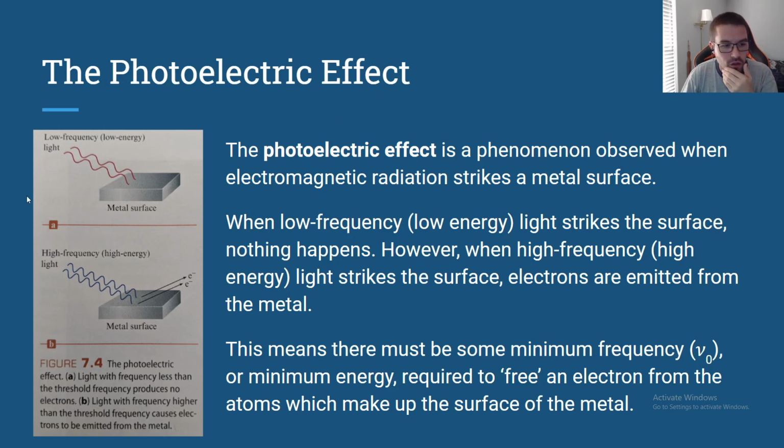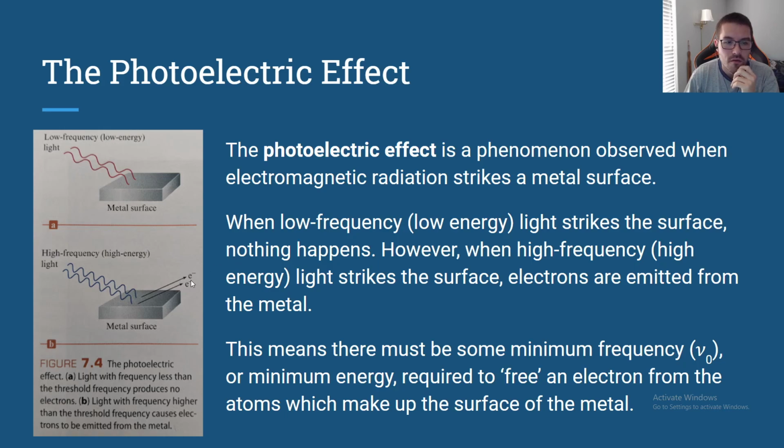Take a look at this diagram here. This is another way to think about the photoelectric effect. What actually happens in reality is this. If you have a metal surface and you shoot low frequency or low energy light at that surface, nothing will happen. In this specific example, nothing will happen. However, if you shoot high frequency or high energy light at the surface, electrons come off the surface.